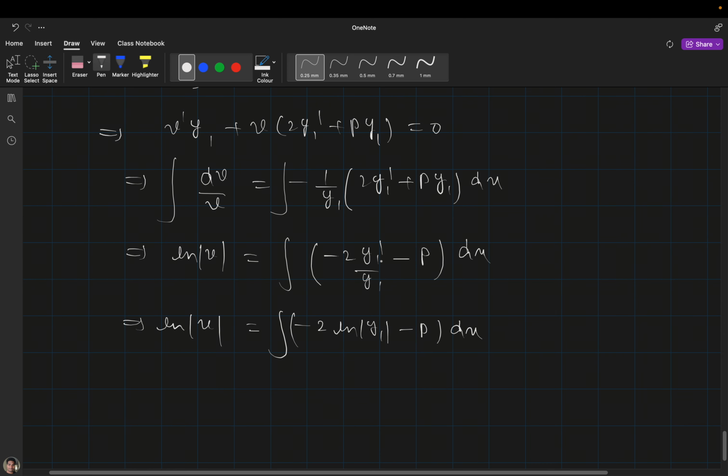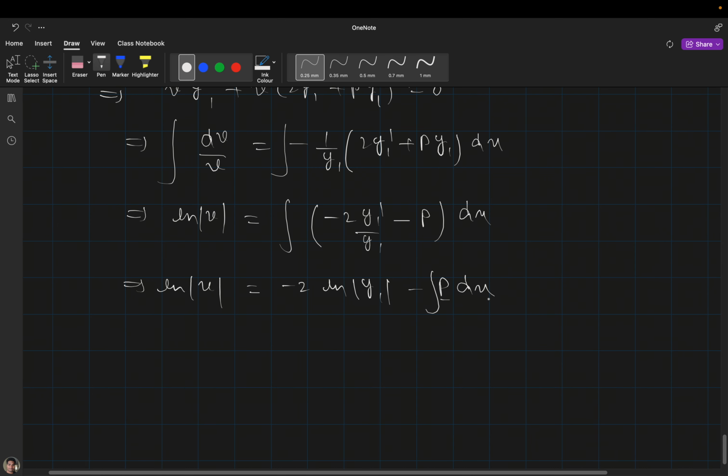The 2 will actually be outside of the integral. Since p is a function of x, right now we are not able to integrate it.